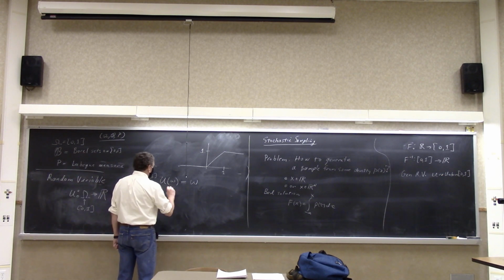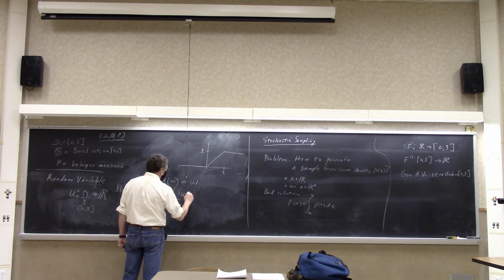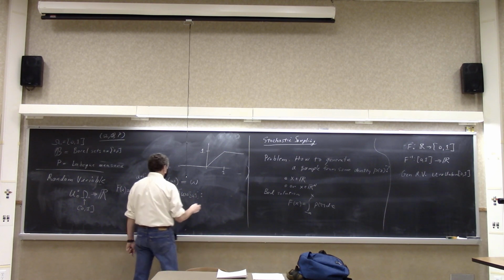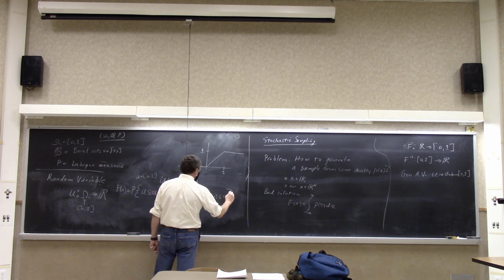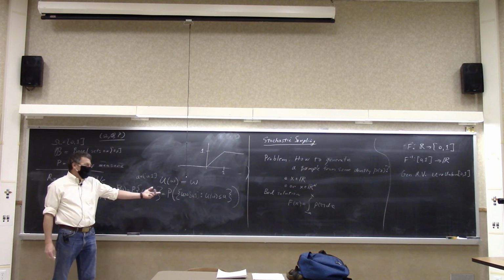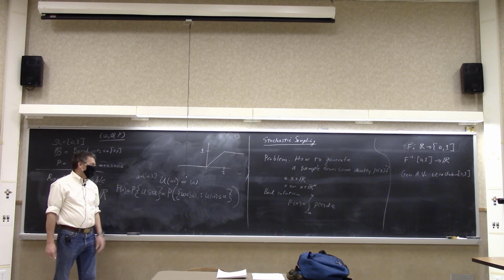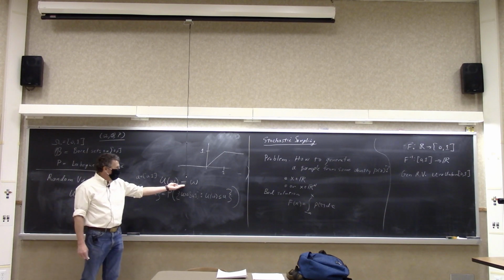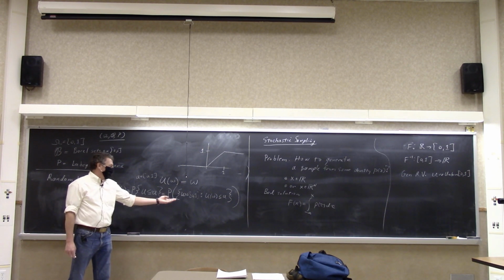So that's equal to the probability of the set of omega, a member of 0, 1, such that u of omega is less than or equal to a. That's what it means. Well, if this is what u is, then what does that tell you? Deconvolve this, okay?